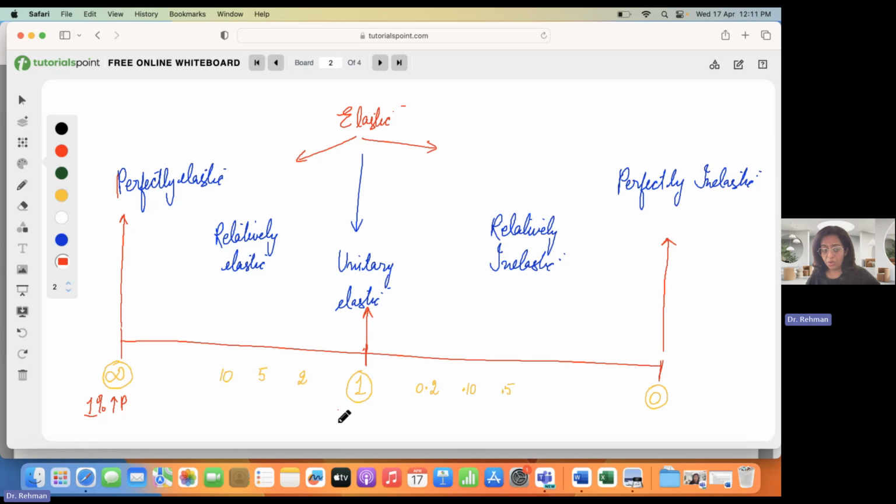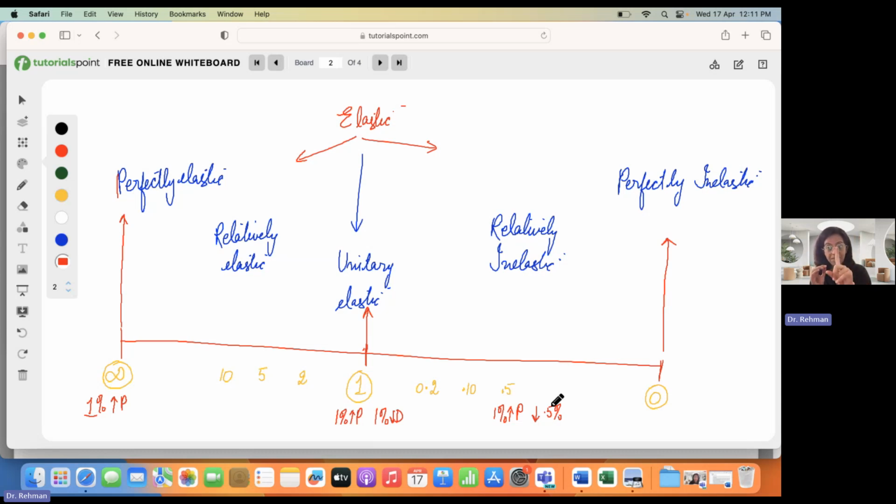Unitary elastic, I have already told you. A 1% increase in price will lead to a 1% drop in demand, so both of them are equal. Here, let's see, a 1% increase in price will drop the demand by only 0.5%. So the demand is responding, but slower, less than the response in price.